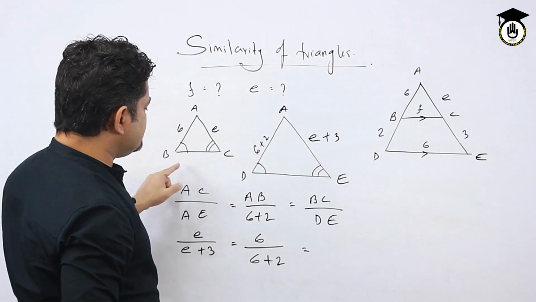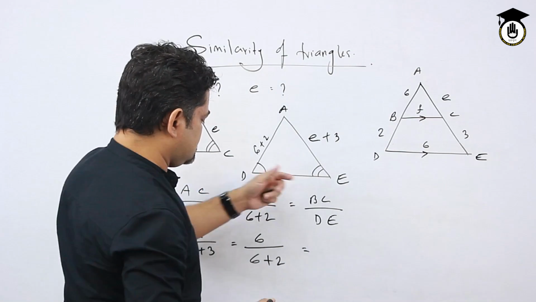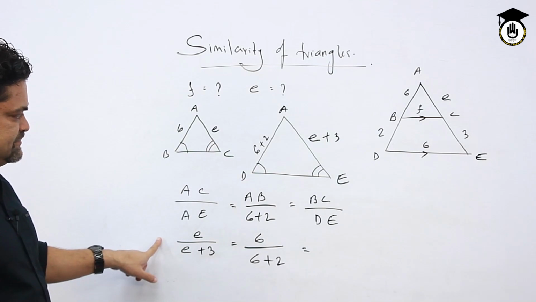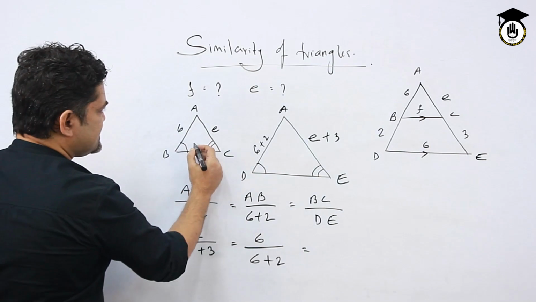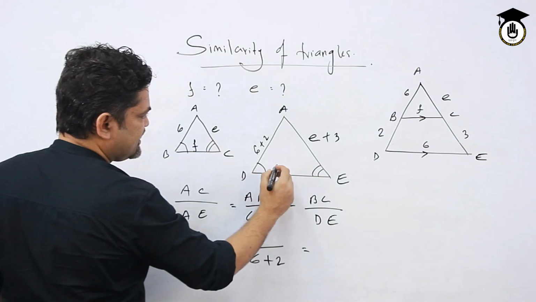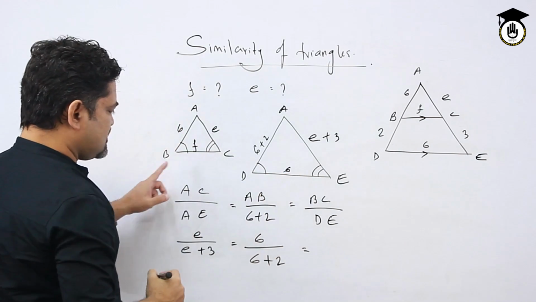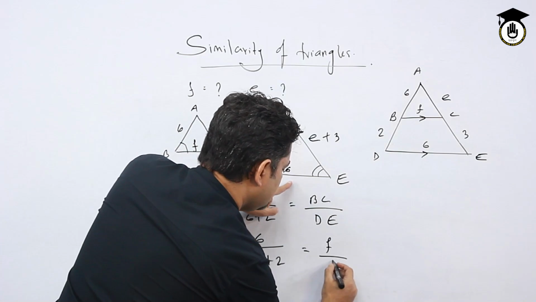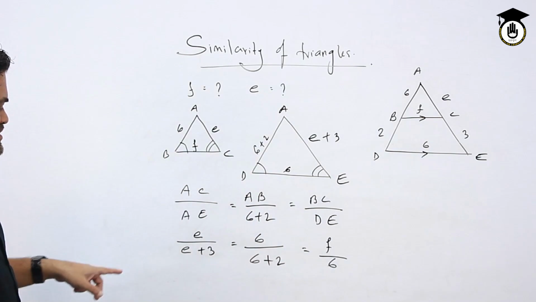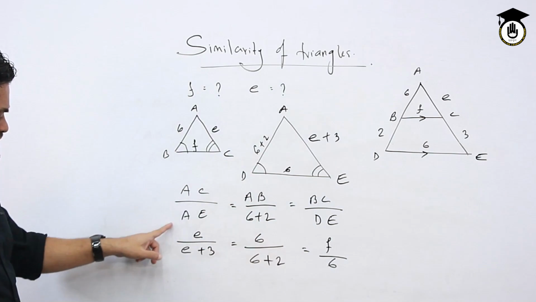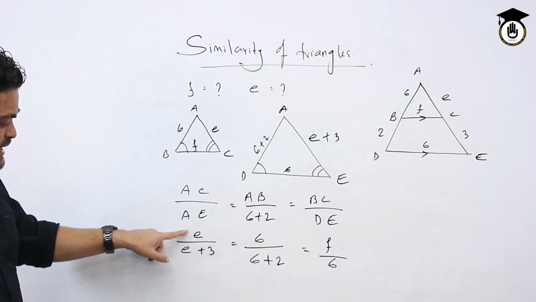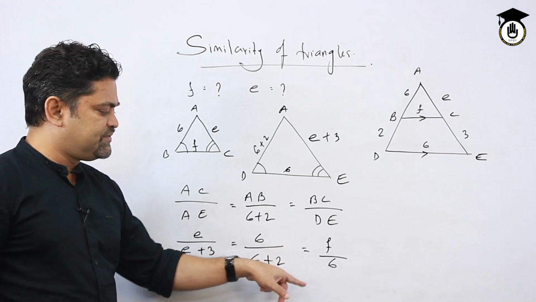And then the side is BC, which we do not need actually. If I can sort this out, I can easily find the value of E here. And there is another letter, it's given here F, and DE is also 6. So I can write here directly, BC is F, and DE is 6, given. So if I can sort it out with this, I can find the value for letter E. And F, then I can find it.